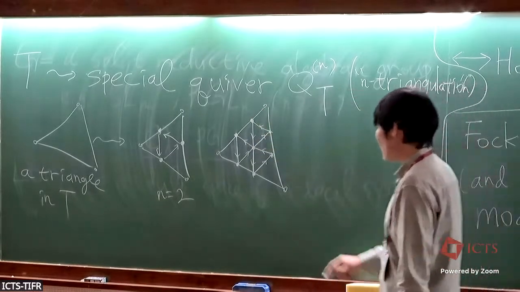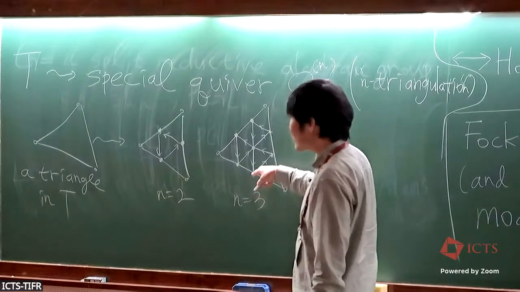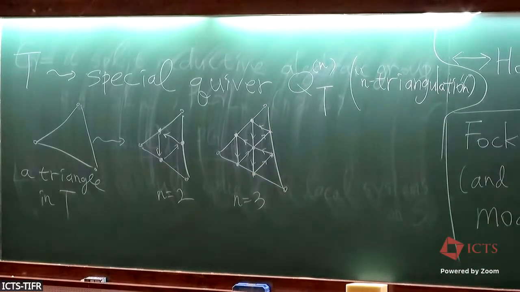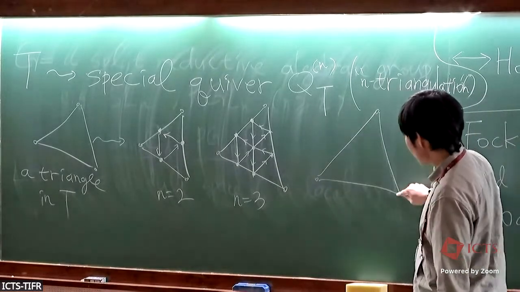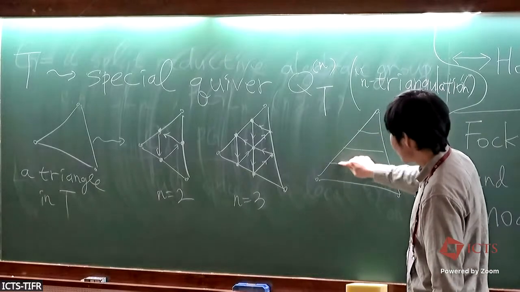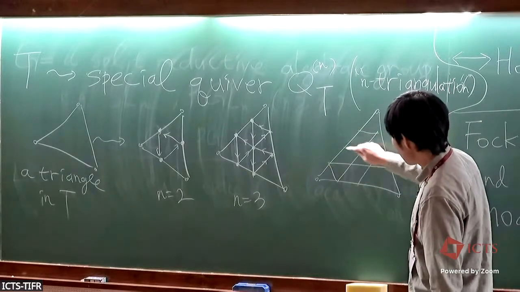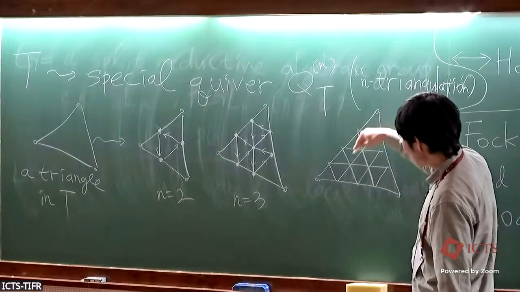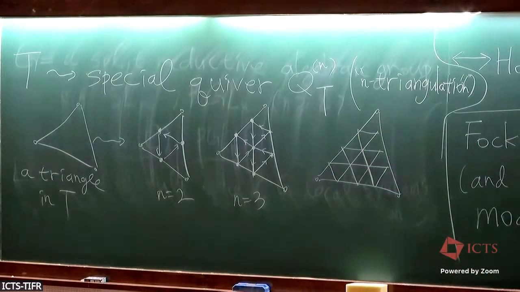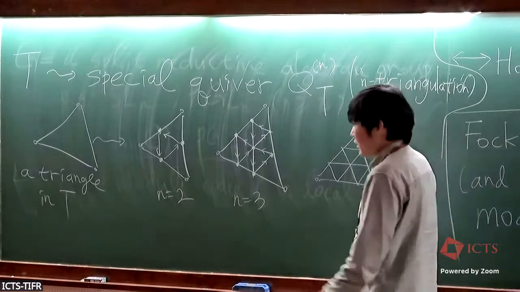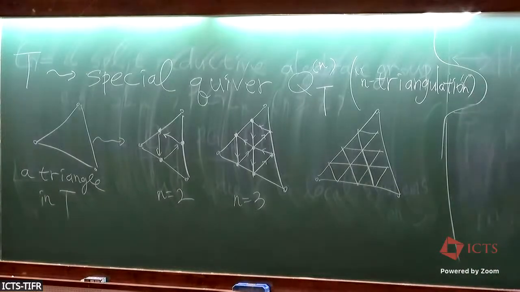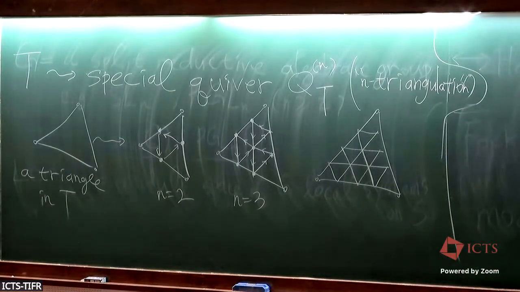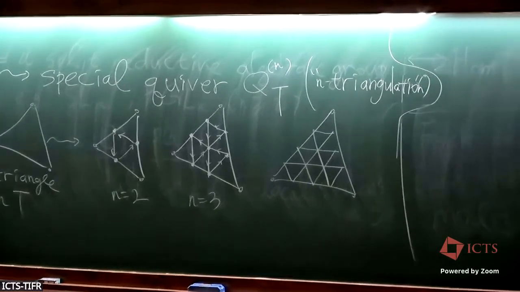This is the case for n is 3, which is used for SL_3 and PGL_3. And you can go on. Like for n is 4, you have to use that, and then you can give orientations as I did. So you do it for every triangle, and then you put them together to get a single quiver. So for each choice of ideal triangulation, you get one complicated looking quiver.